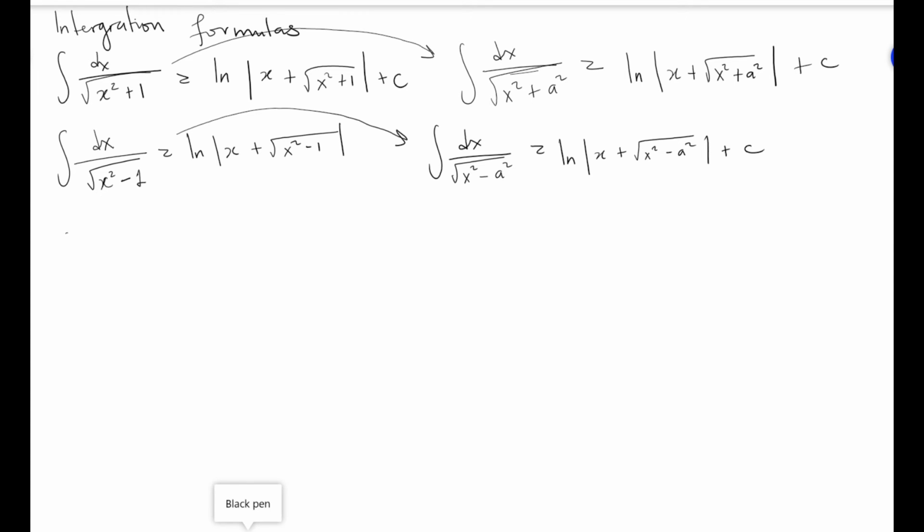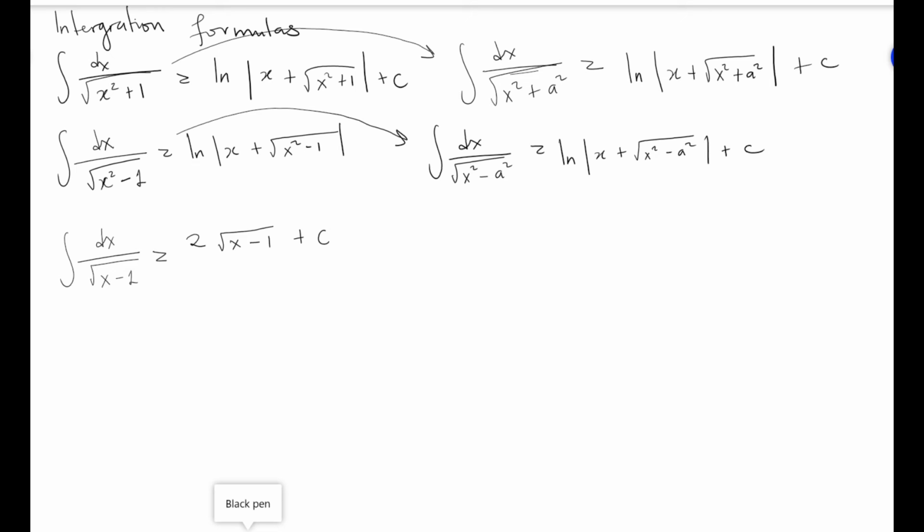If you have the integral of dx, and instead of having x to the power 2 you just have a linear function down there, it can be x or x minus 1. This will be equal to 2 times the square root of x minus 1, plus c.